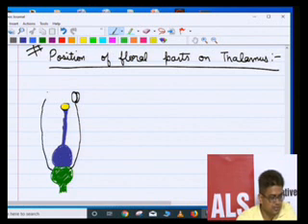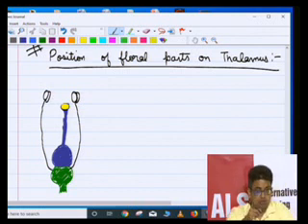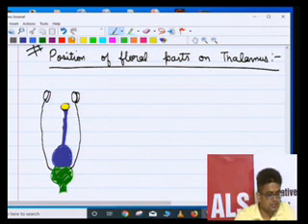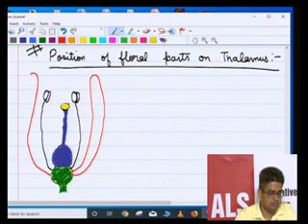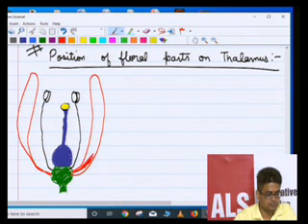Please carefully see where the stamen or anther is inserted. It is below the ovary. Now comes the petal. Petal is inserted even below the androecium. This is the petal.